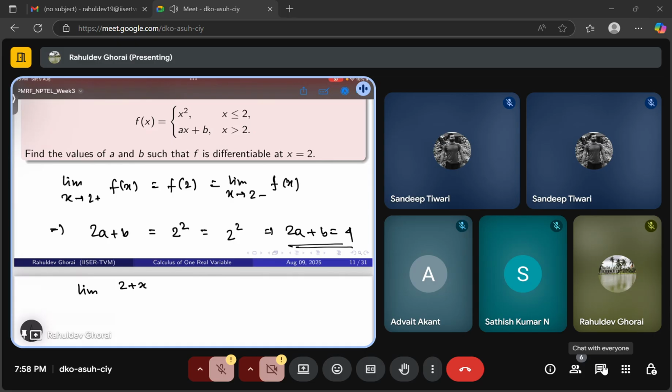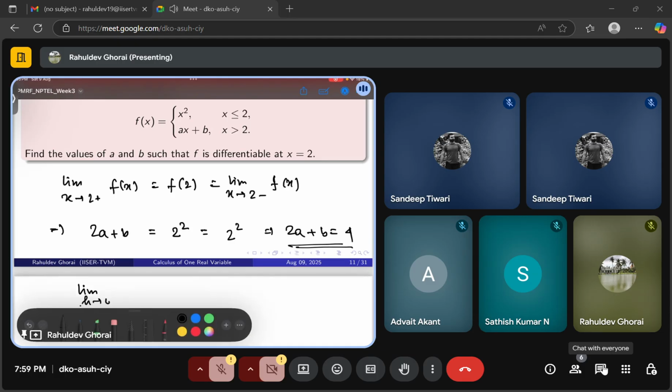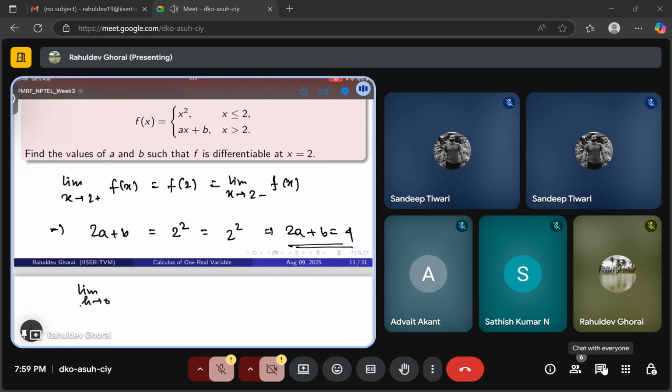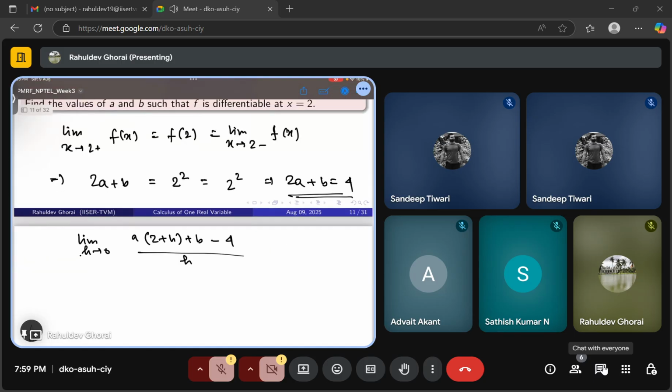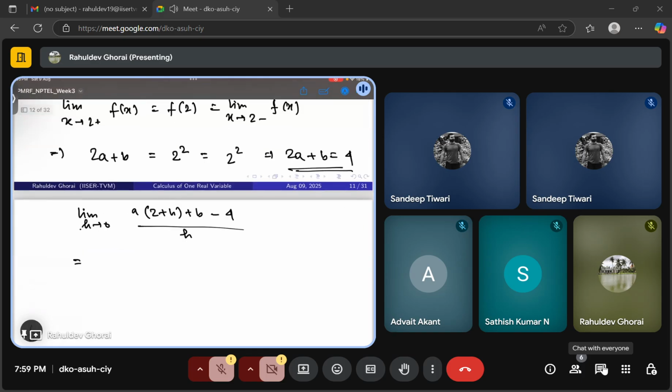Let's do it by h tends to 0, that is much easier for me. f(2 plus h) will be a times (2 plus h) plus b, minus f(2), which is 4, over h.